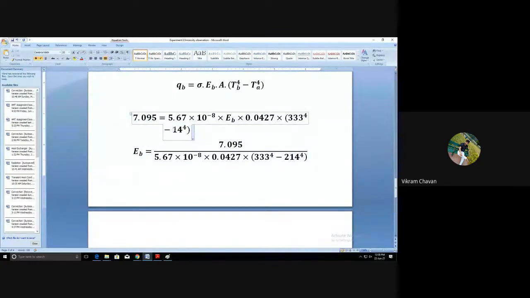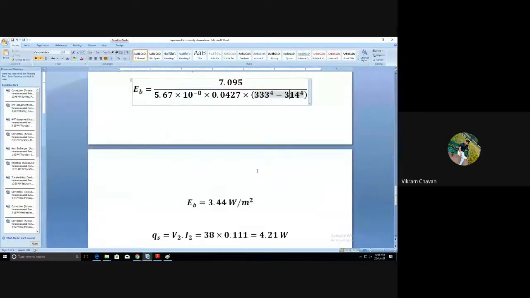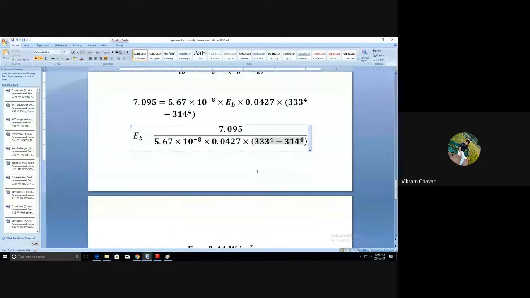So we have taken this as 313 and 314 after adding 273, because I made a mistake: instead of 333 I have written 233, and instead of 314 I have written 214. So have you taken the same values and calculated, or are you also taking 233 and 214?